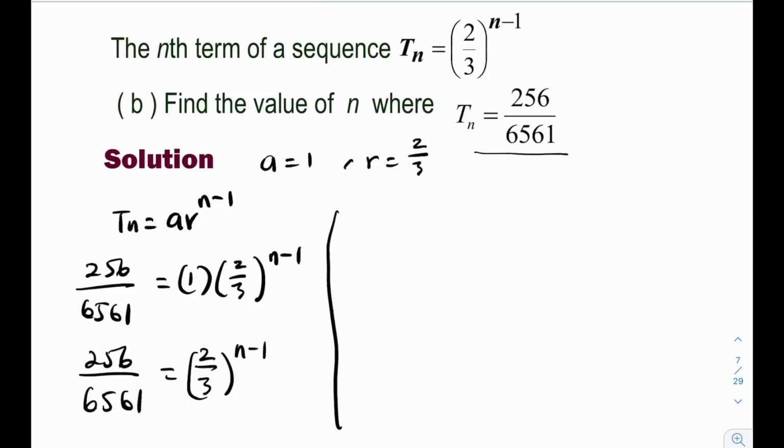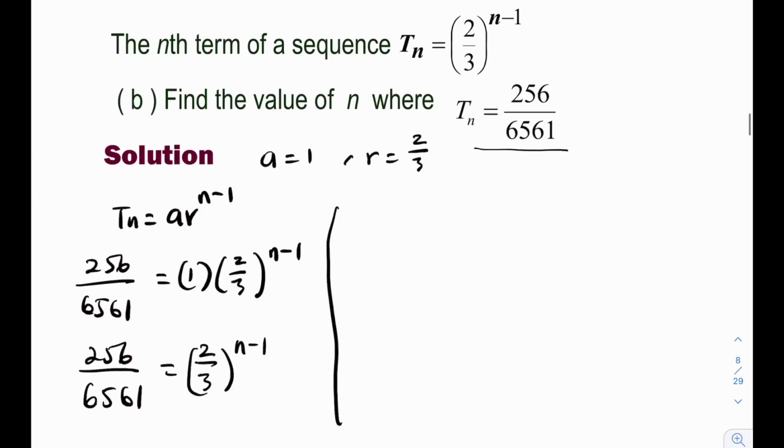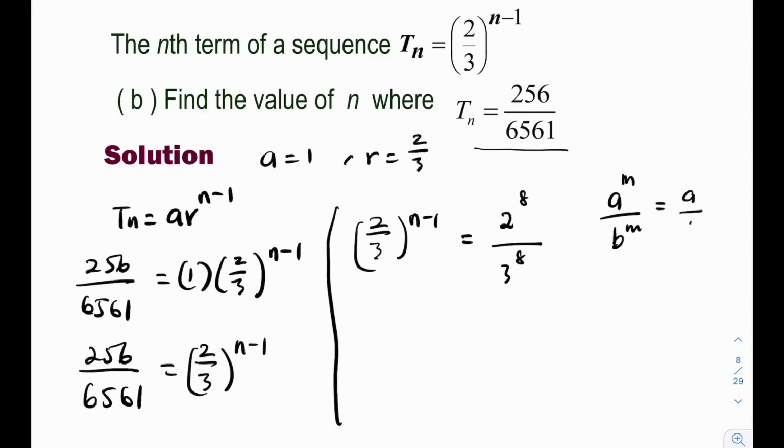Now you need to change 256 over 6561 into base 2 over 3. 256 is 2 to the power of 8 and 6561 is 3 to the power of 8. If we have a to the power of m over b to the power of m, this also equals a over b, the whole thing to the power of m.